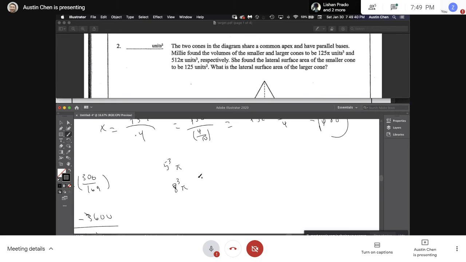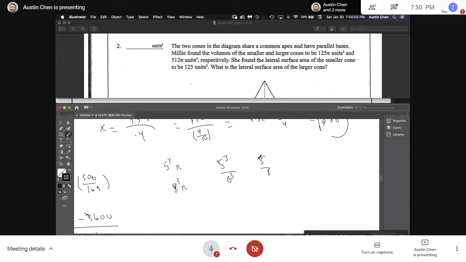So because this is volume, we can cube root this ratio to find their ratio of size. So the ratio of volumes is 5 cubed over 8 cubed, and then cube root it to find the ratio of sides, which would be 5/8.